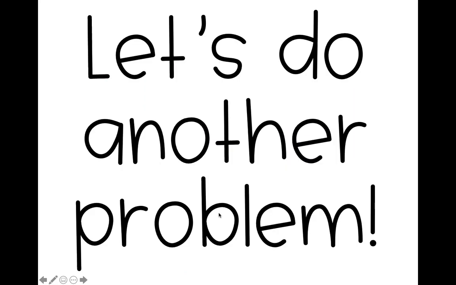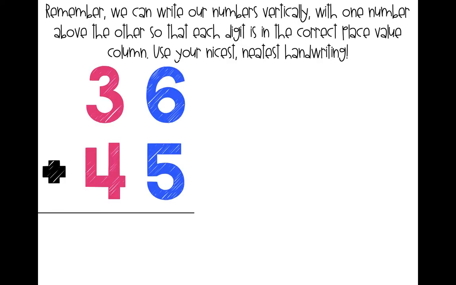Let's do another problem. Make sure you're doing this one with me, and we will see if we can use our vertical form together. Remember, we can write our numbers vertically, which means one number above the other, so that each of our digits is in the correct place value column. See how my ones, again, are stacked on top of just the ones?